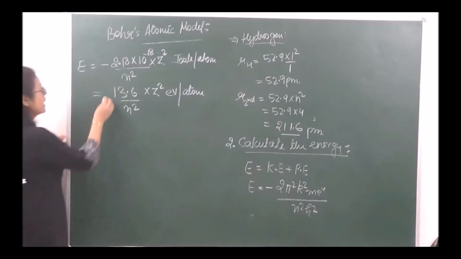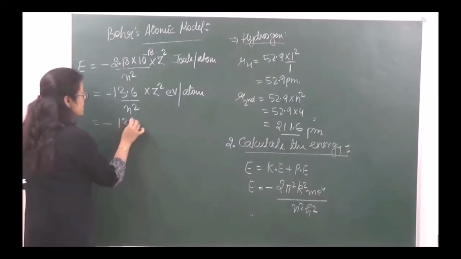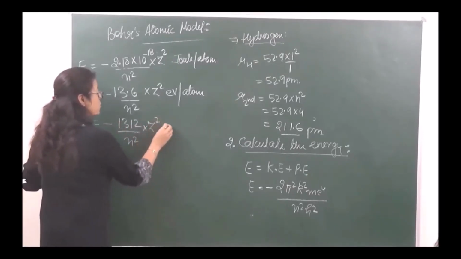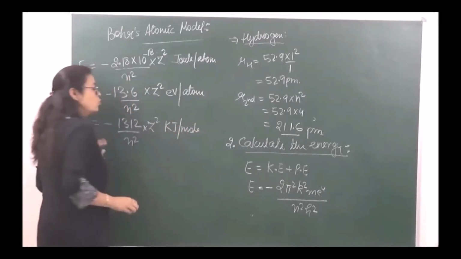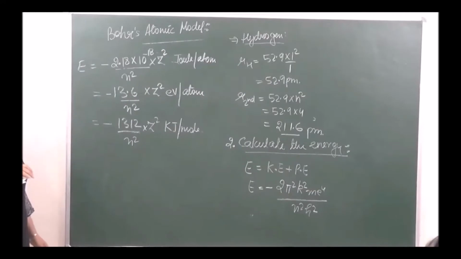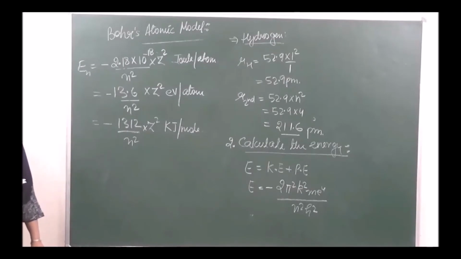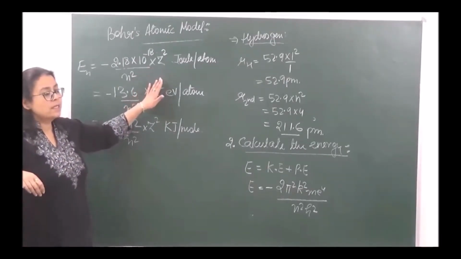And if we have to calculate in kilojoules, then it is 1312 upon n square into Z square kilojoules per mole. Okay? So these are the values of energy which you have to see. So energy in the nth shell can be taken as all three values. You have to be very particular about the units in this question.